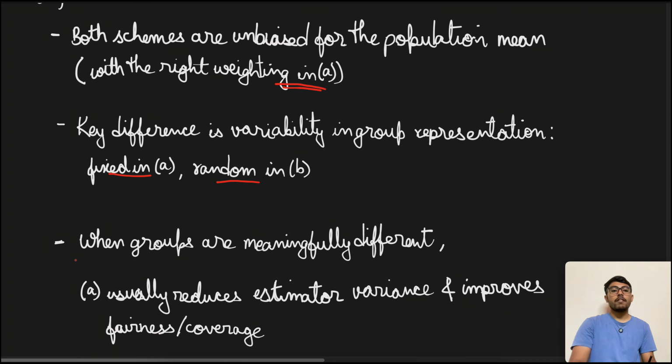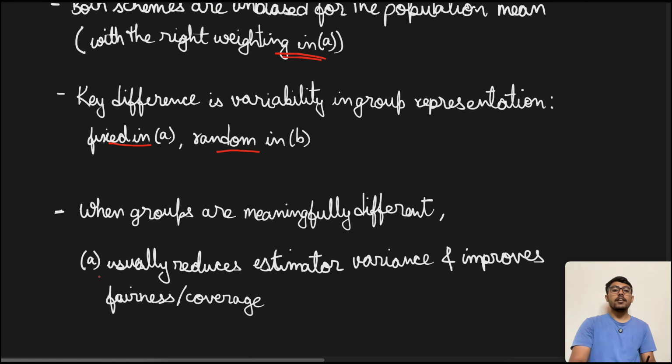Then when groups are meaningfully different, if the groups do possess different properties, which is most likely going to happen, then we will say that A usually reduces estimator variance as we saw above and improves the fairness and coverage of the sample.